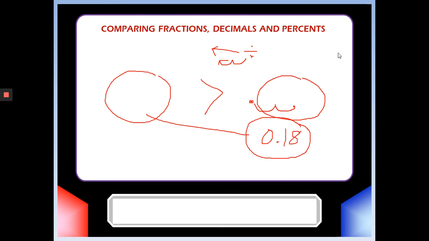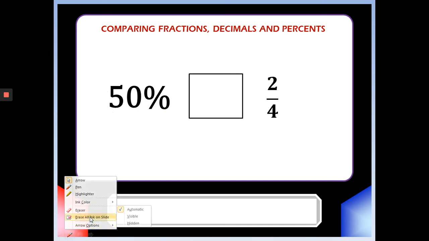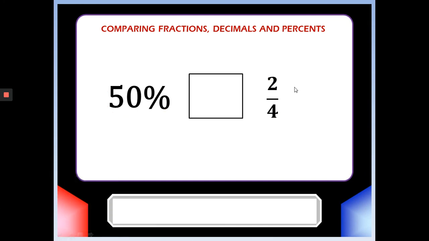All right. Now let's try this. Okay, 50% and 2/4. Let's try to make them into fractions. But remember, if you want to use the fraction method, their denominator should be the same, and that should be 100. Why?